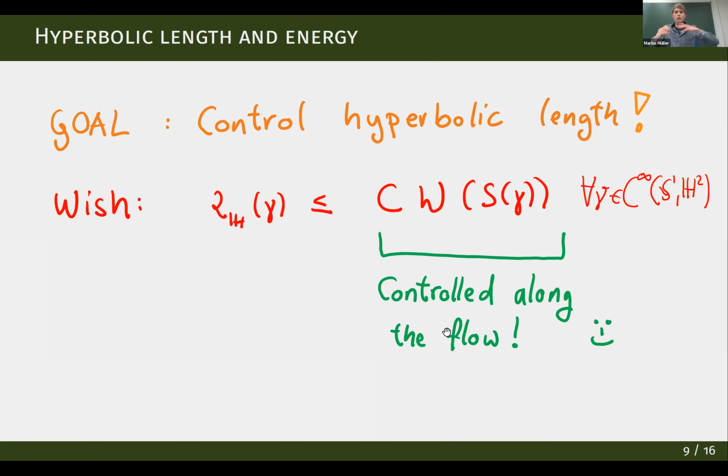If you look at the flow, the Willmore energy is bounded by a certain constant because it's decreasing. And if you can prove such an estimate, which I wrote down in red, then you could also prove that the hyperbolic length is bounded. So it would be really desirable to have such a bound. The problem is this is not true.